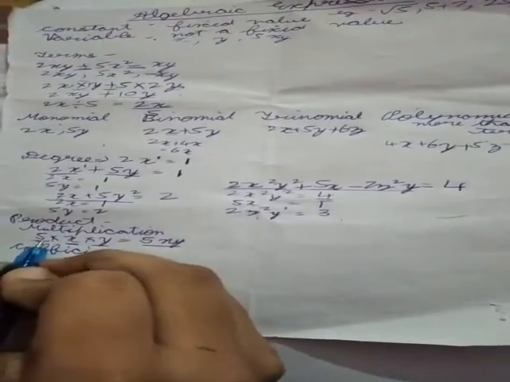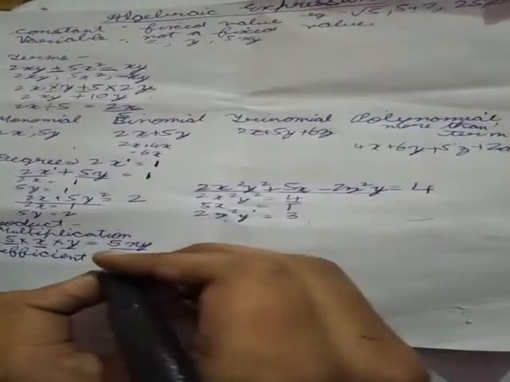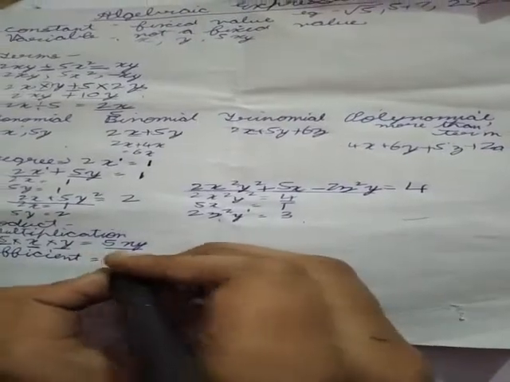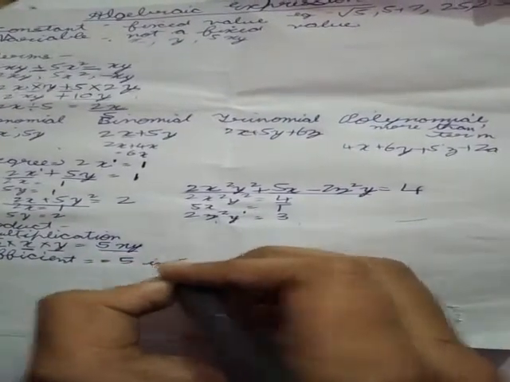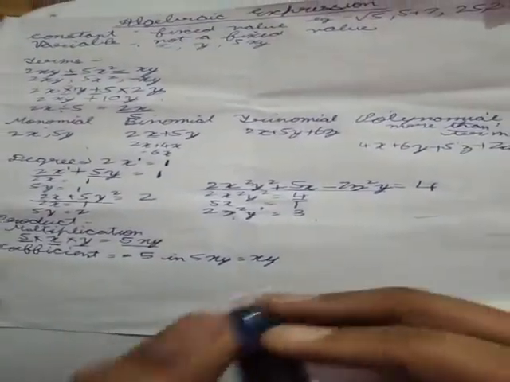Now what is the coefficient? Any factor of an algebraic quantity is called the coefficient of the remaining quantity. It means that the coefficient of 5 in 5xy is xy. To understand it more clearly, take it as a neighbor.